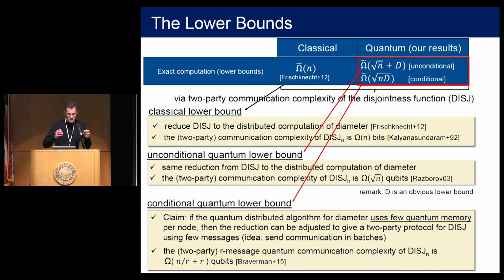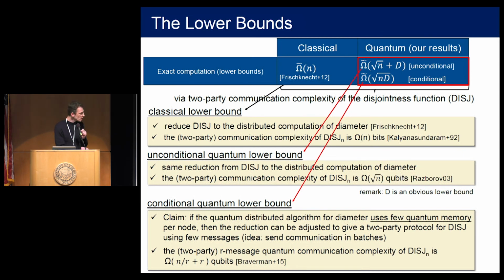The idea is to send communication in batches. But the point is that we will also need to send the contents of the memory of the nodes of the network. So we can do it efficiently only if the nodes use little quantum memory. So that's the reason why we have the condition here.